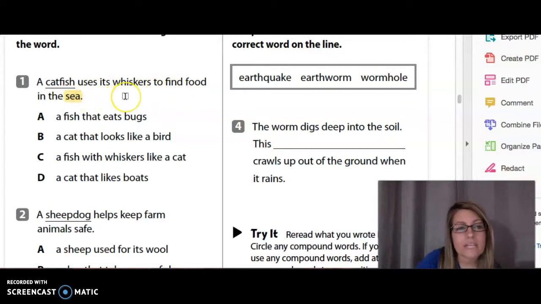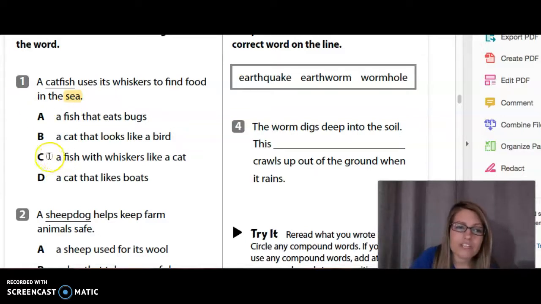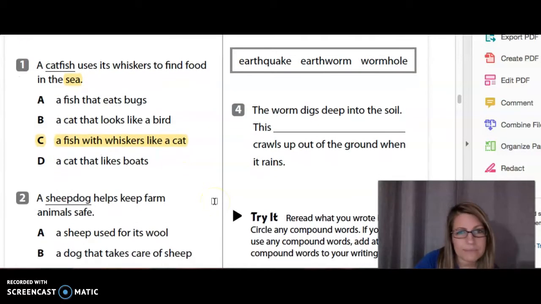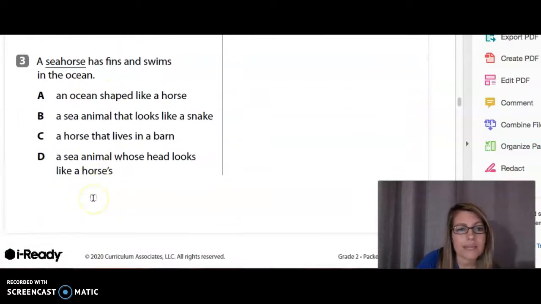The word sea is a big clue because that means in the ocean. A fish is the only thing that I can think of that would actually be in the sea using its whiskers to find food. So I think a catfish is a fish with whiskers like a cat. I want you to do number 2 and number 3 independently.